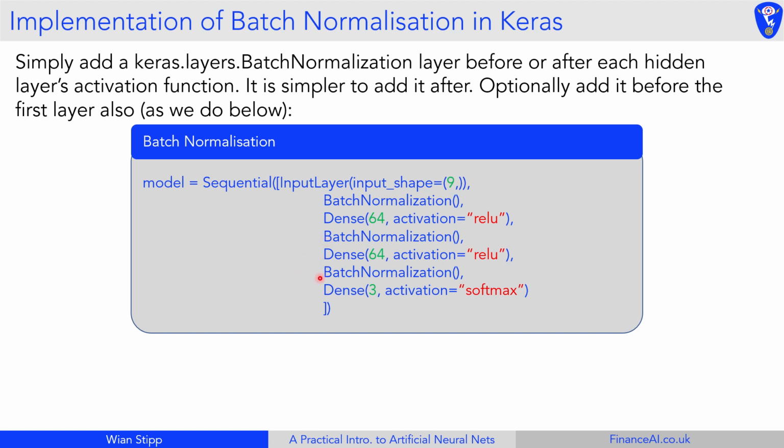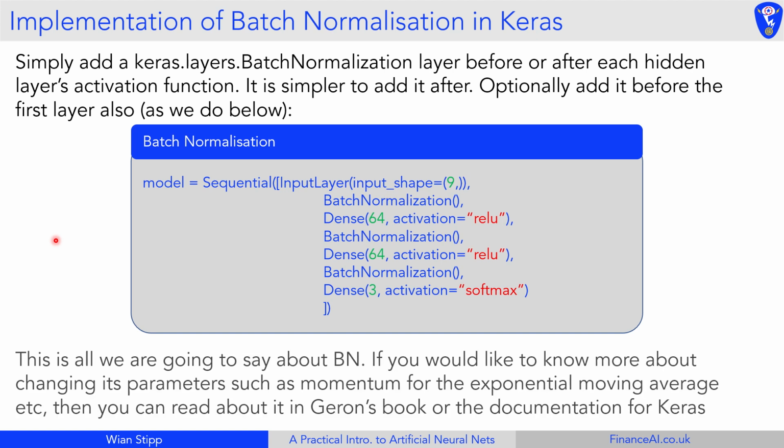Hidden layer 2, batch normalization. And then you output. Very simple. So this is all we're going to say about batch normalization, or BN. If you'd like to know more about changing its parameters, such as the momentum for the exponential moving average, then either read about it in Geron's book or look at the documentation for Keras.